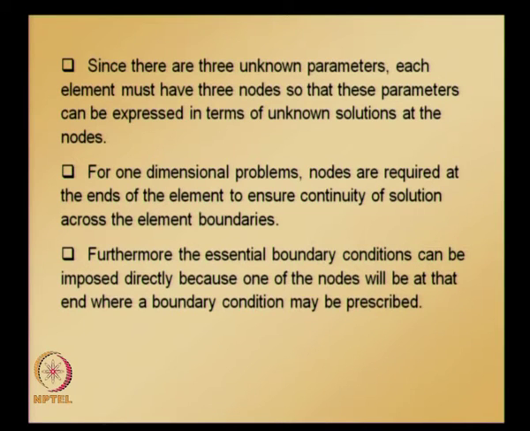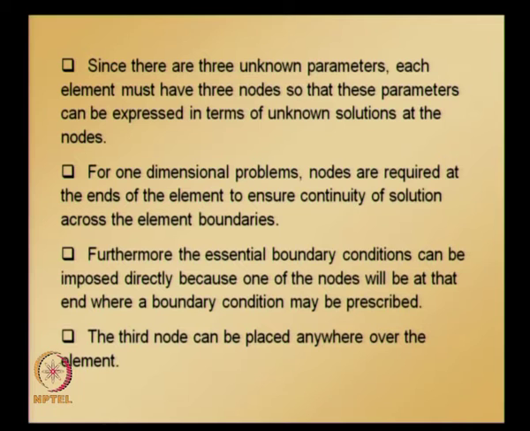So, for a quadratic element, the third node can be placed anywhere over the element, but the placement of the middle node is going to influence the solution that we will be seeing once we develop the shape functions.